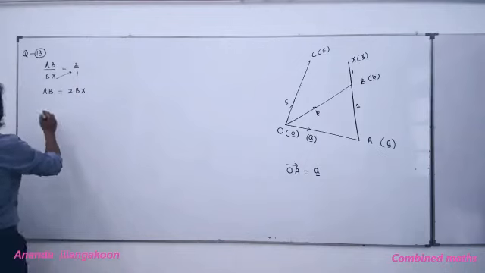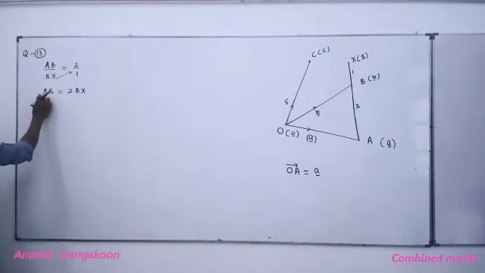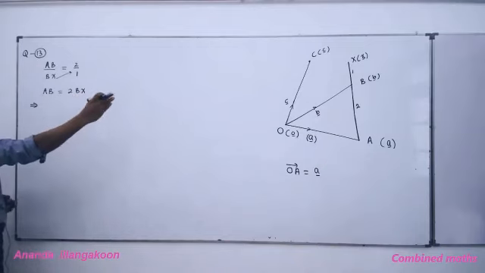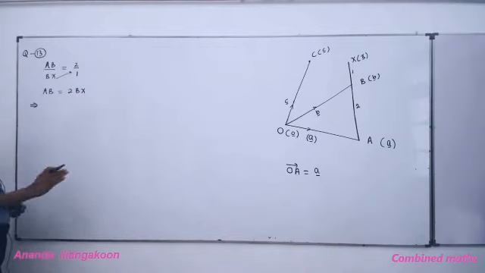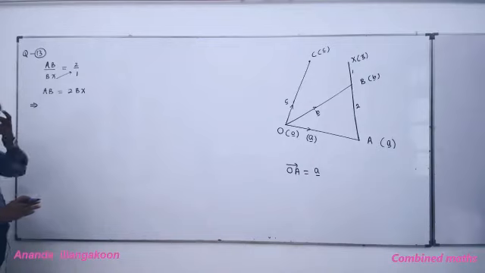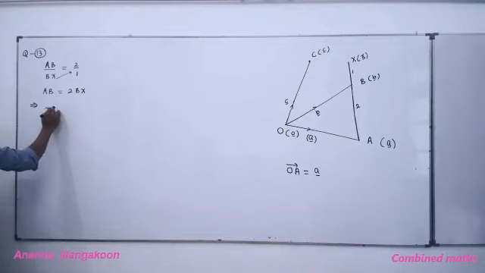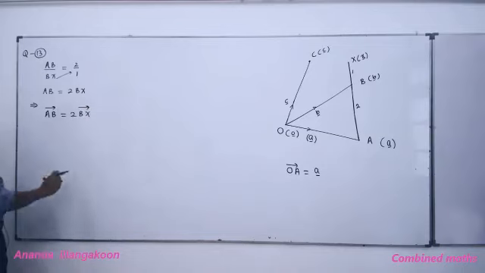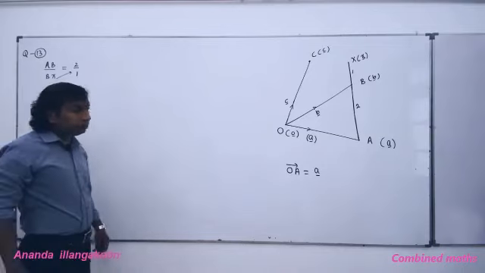AB is equal to 2 BX, and A to B, B to X are parallel with the same direction. So we can write AB vector is equal to 2 times BX vector.